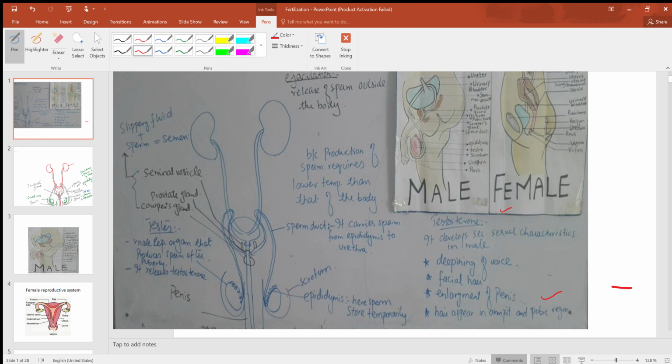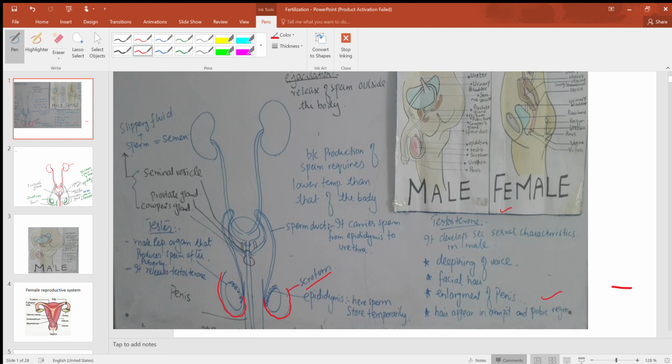Okay. Now, the testes are located outside the body in a pouch-like extension of the skin, and this pouch-like extension of the skin is known as the scrotum. Why are the testes located outside the body? Why are they not located inside the body?